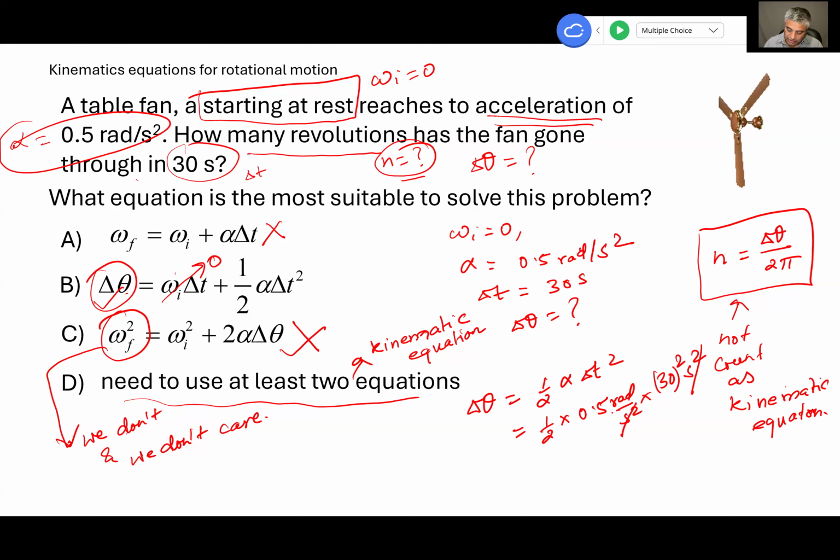So you get radians. There is a half, that's a quarter. So a quarter of 900 radians. Okay.